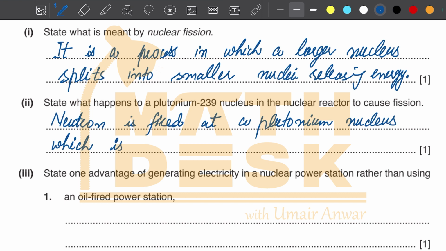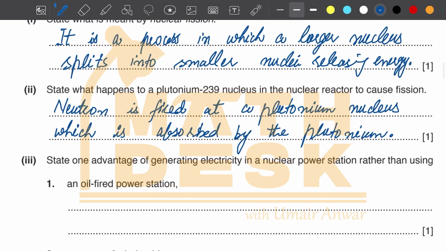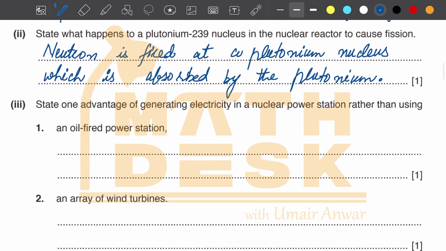So this neutron is initially absorbed by the plutonium, which makes it unstable, and later on it breaks and converts into two smaller nuclei, and a huge amount of energy is also released during the process.